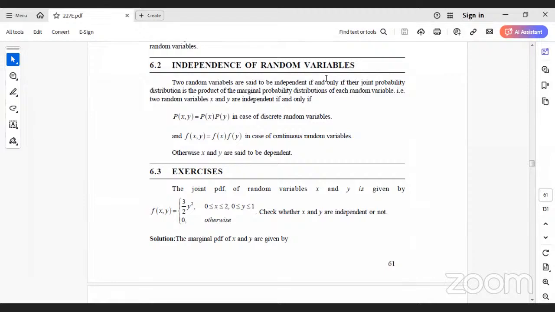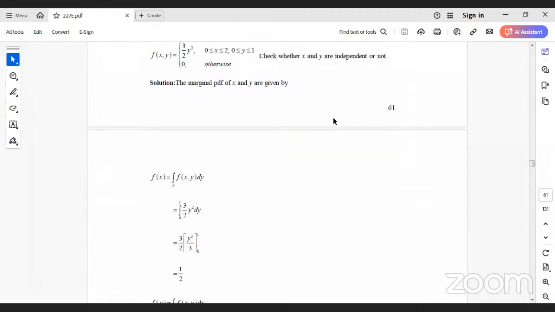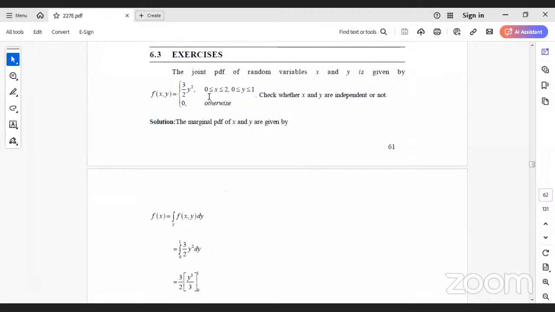The marginal PDFs of x and y are given by f(x) = the integration of f(x, y) dy. What is the condition given here?